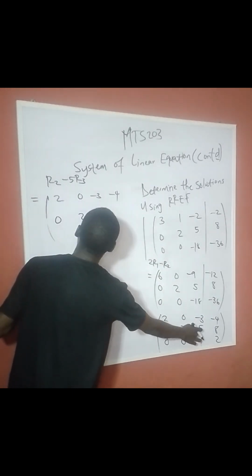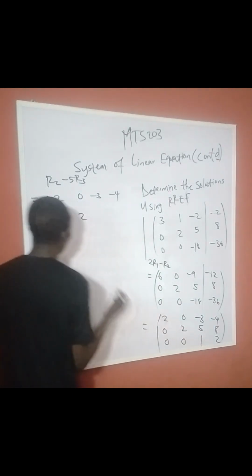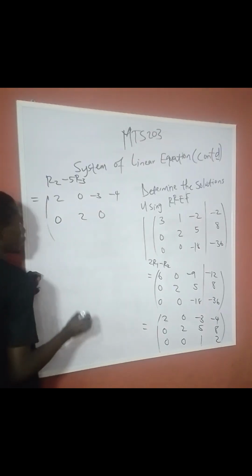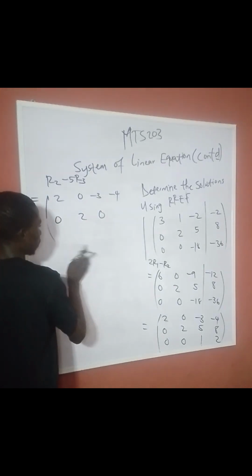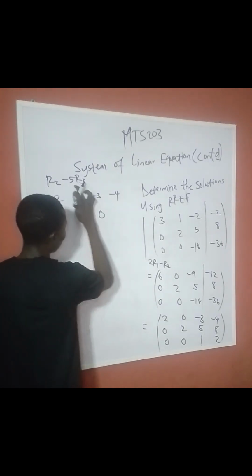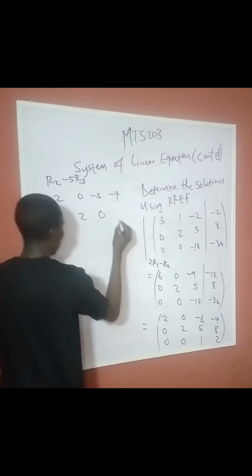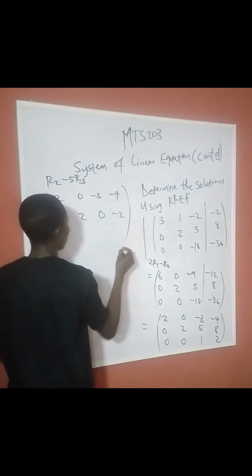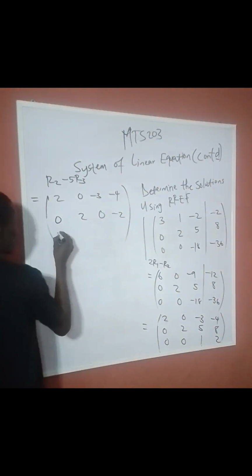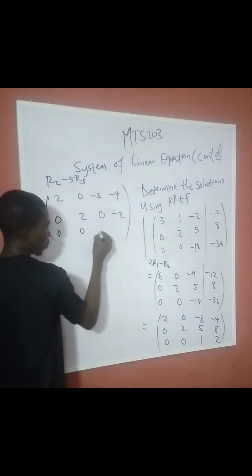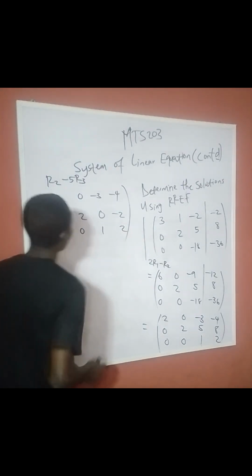For this one, 5 minus 5 is 0. And the last one, 8 minus 5 times 2, which is 10, so 8 minus 10 is minus 2. Take note. Let me write my third row: 0, 0, 1, 2.